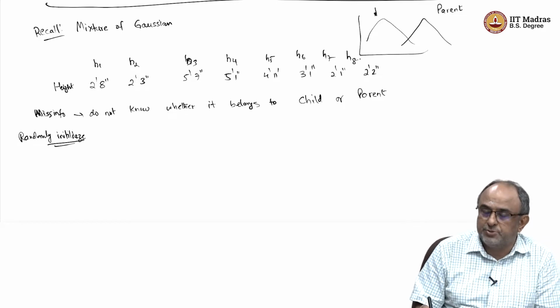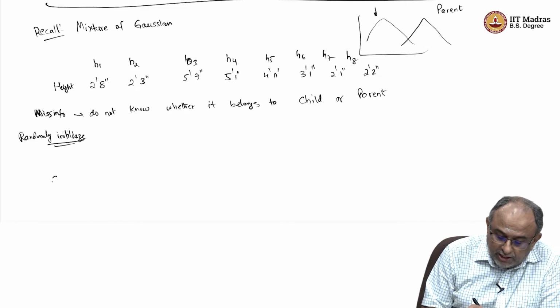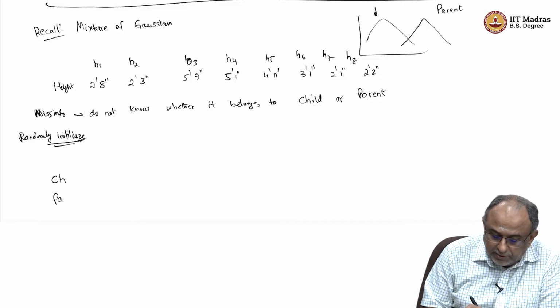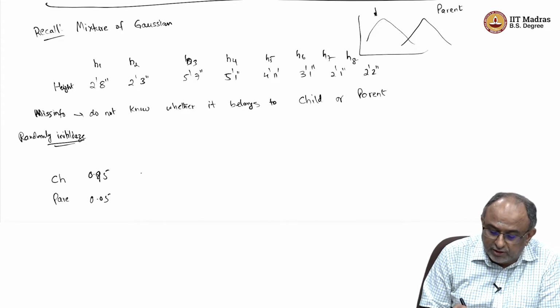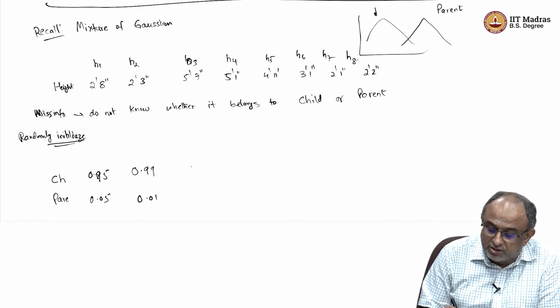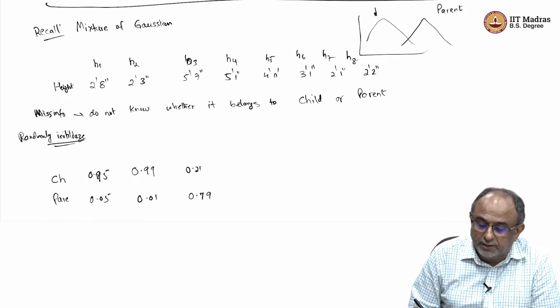So there are 8 measurements, and then we ask how probable is it from the child population and the parent population, and it so happens 2 feet is highly probable from the child, 0.95 and 0.05. Okay. 2 feet 3 inches is even more probable, like this, 0.99 and 0.01. Okay. 5 feet 7 inches is 0.79 and 0.21, because some teenagers also might be there playing in the park, right?